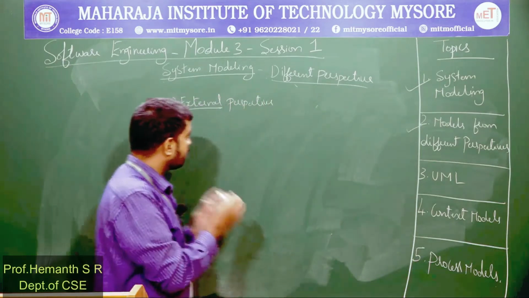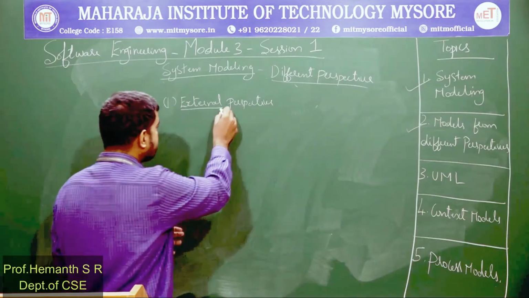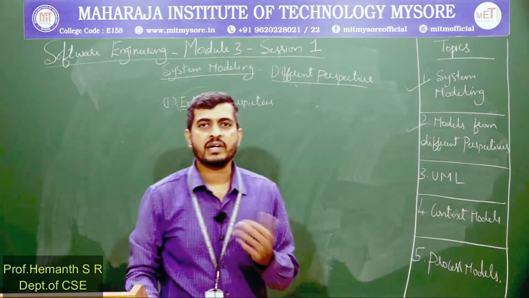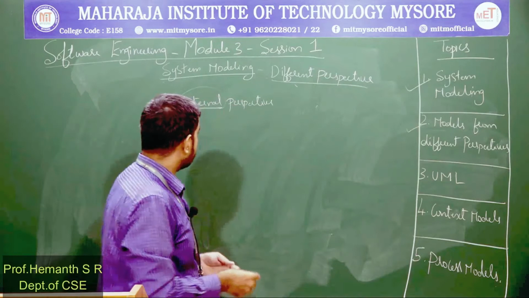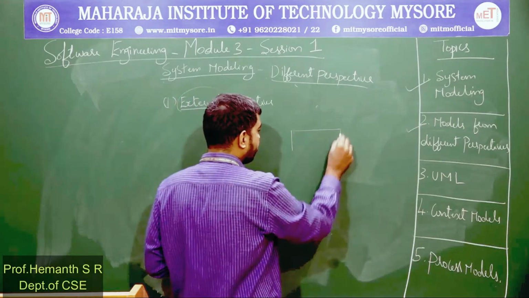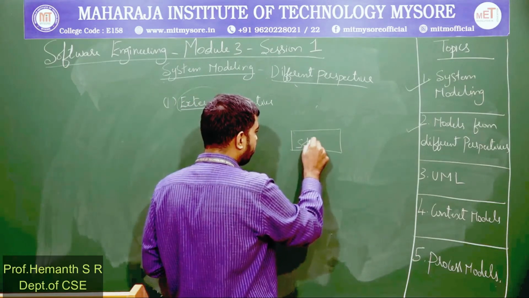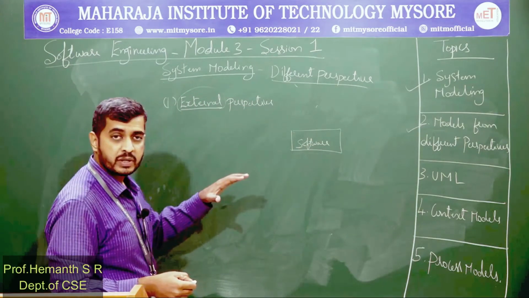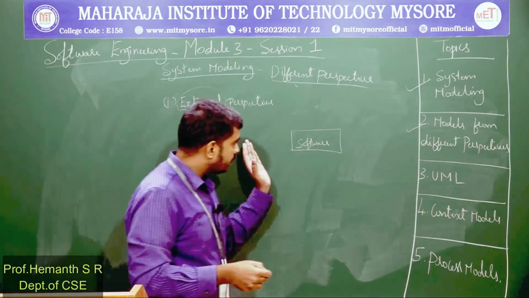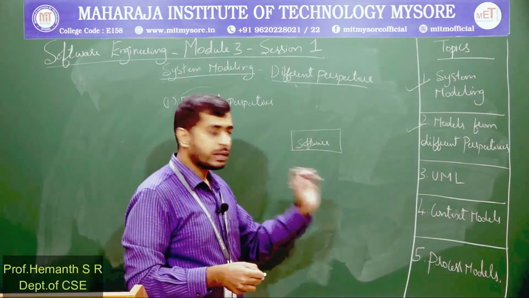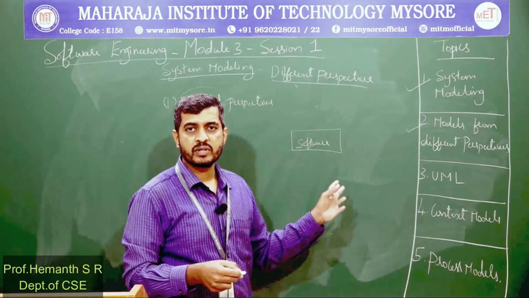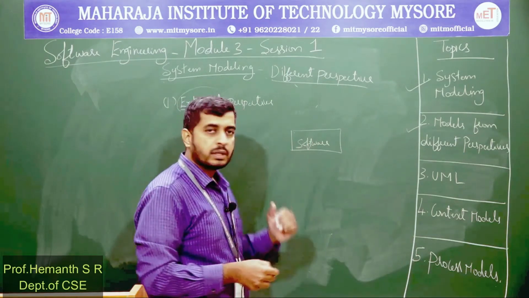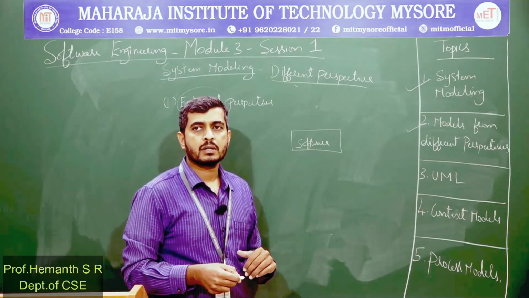Here the focus will be on the external entities with which our software will interact. Consider this is my software. I will give you a few examples in the later part of the discussion. Please note, I am not depicting the internal details of the software, nor am I talking about the behavior of the software.